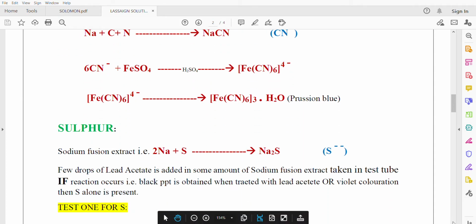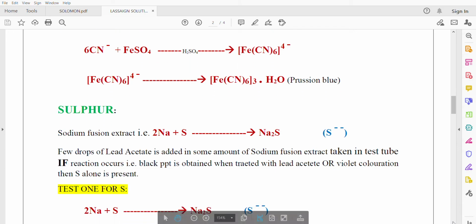This is the equation. Then for sodium fusion, it's in the second test tube. If in the above reaction no color is observed, it means nitrogen is absent.